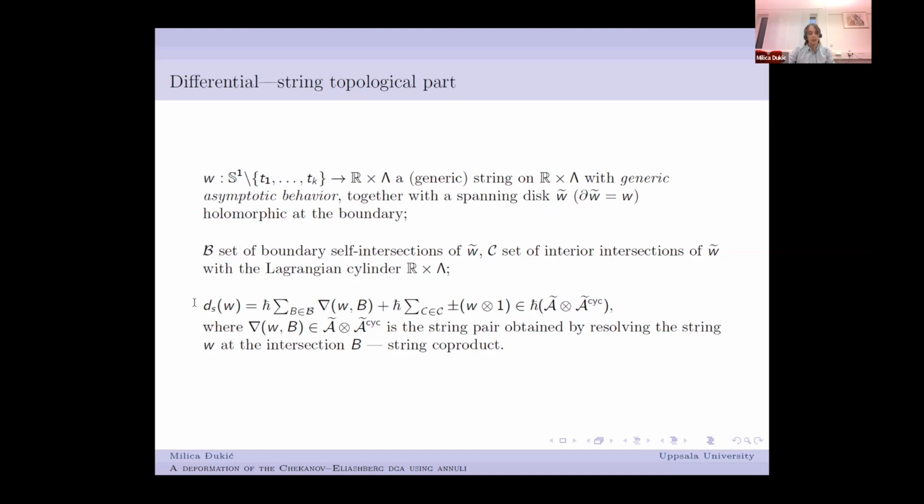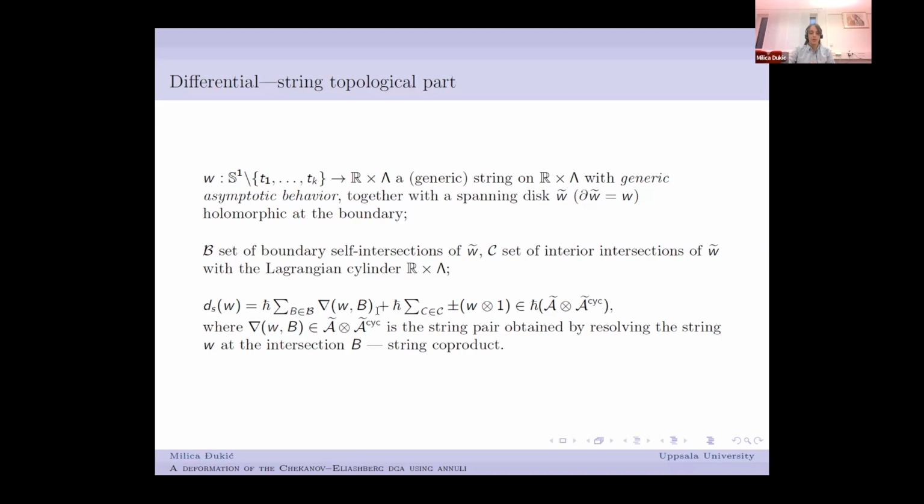Then we define dS of W to be the sum over all self-intersections of the string of pairs of strings obtained by resolving the self-intersection, plus one summand, plus or minus h bar, the string tensor 1, for each interior intersection of the spanning disk with the cylinder R times lambda.